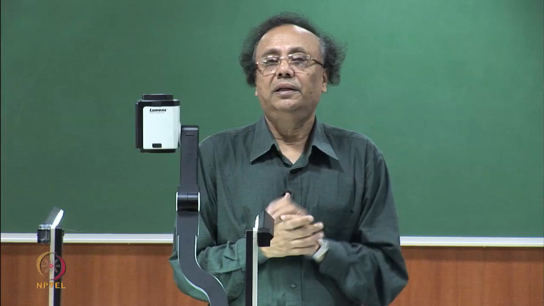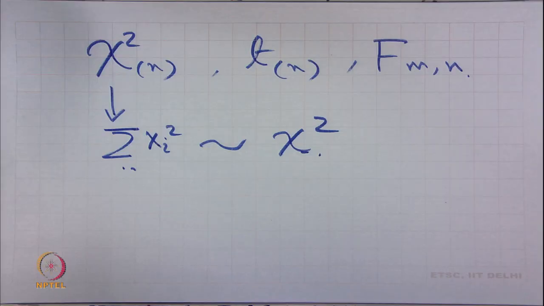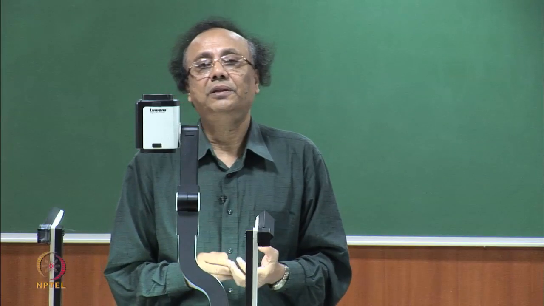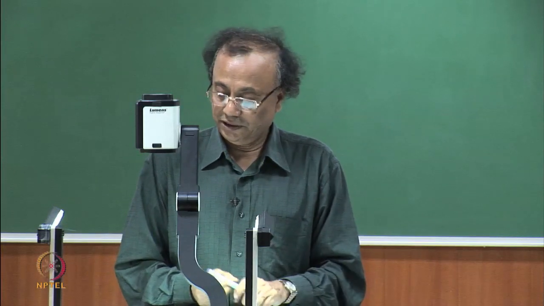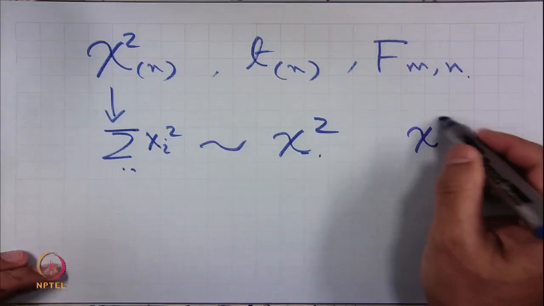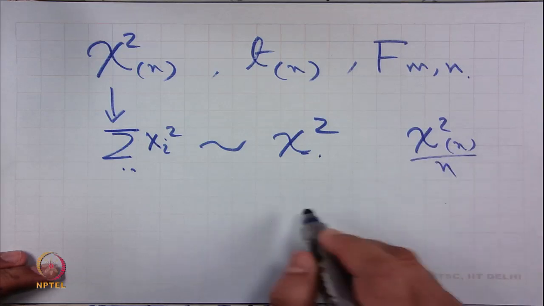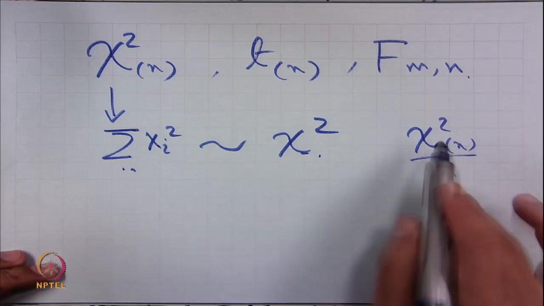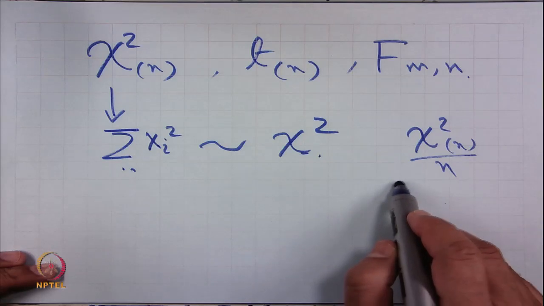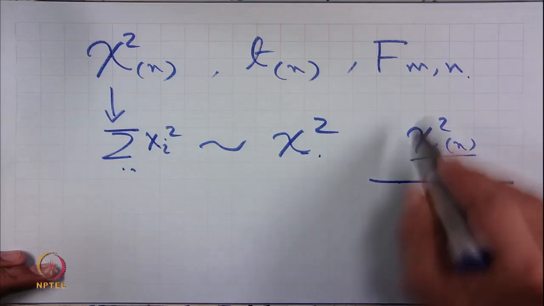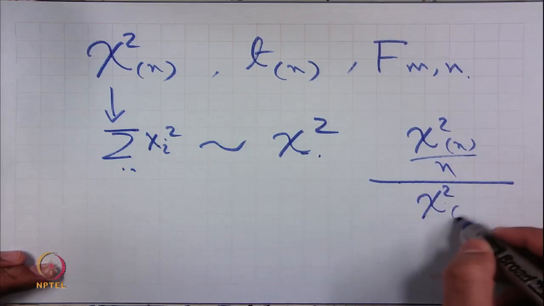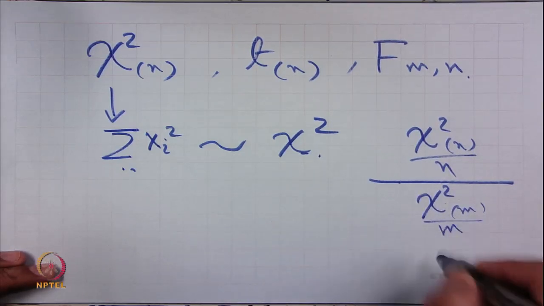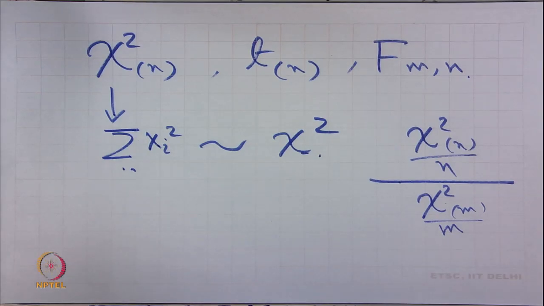So, chi-square m by m, which is the sum of squares divided by the degrees of freedom, gives an idea of the variance of the population. Similarly, chi-square n by n gives the idea of the variance of another population.